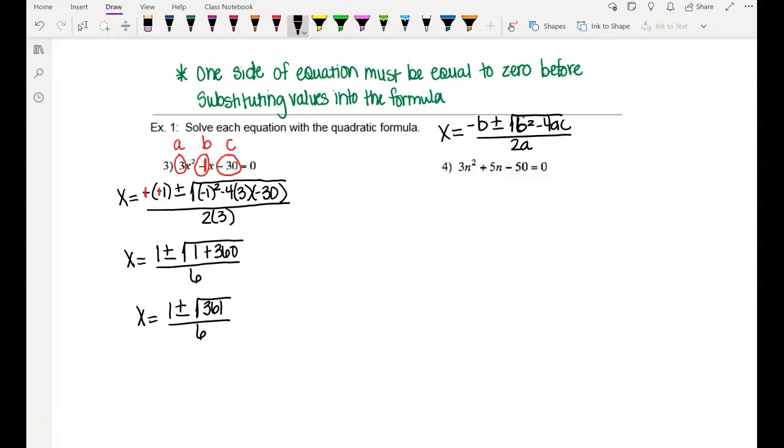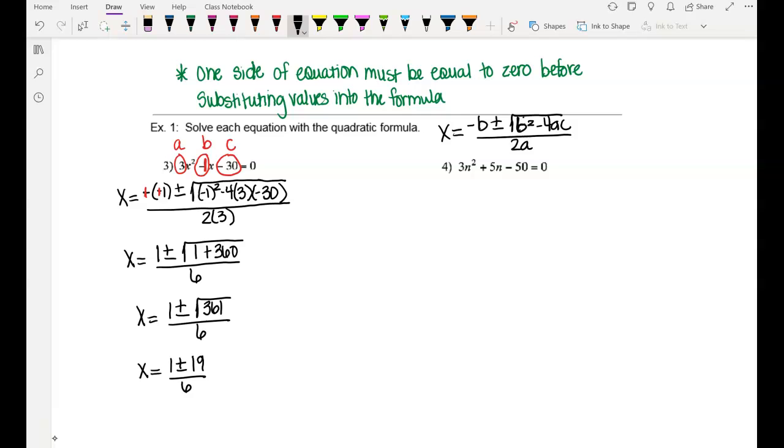Is the square root of 361 a perfect square? What whole number does that come out to equal? So what is the square root of 361? It's 19. So x equals 1 plus or minus 19 divided by 6.